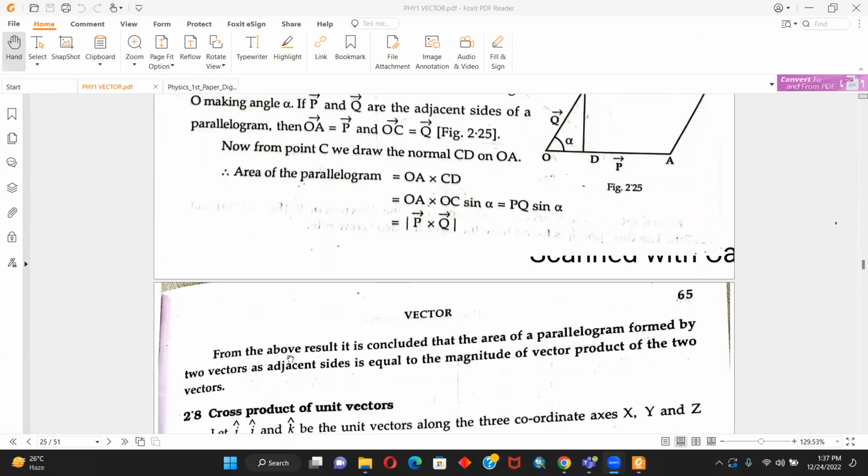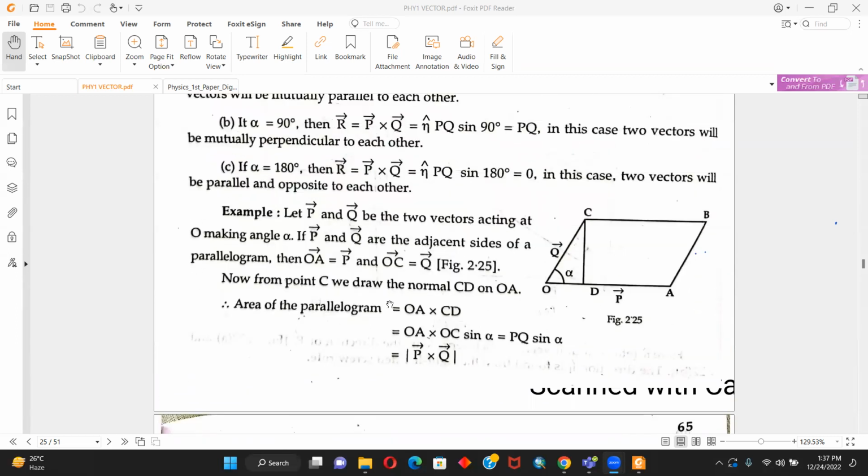Now, what that implies is that the area of a parallelogram formed by two vectors as adjacent sides is equal to the magnitude of the vector product of the two vectors. So say for instance, if you are given two vectors which form a parallelogram, something like this, you might not always need to calculate the magnitude of the p vector and the q vector and so on.